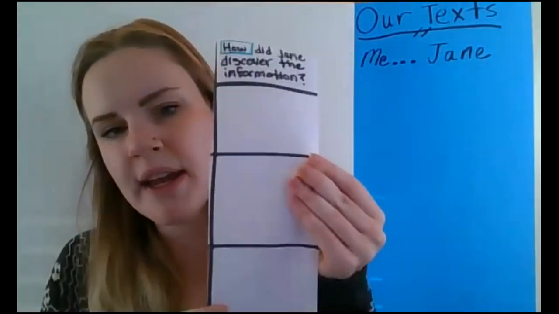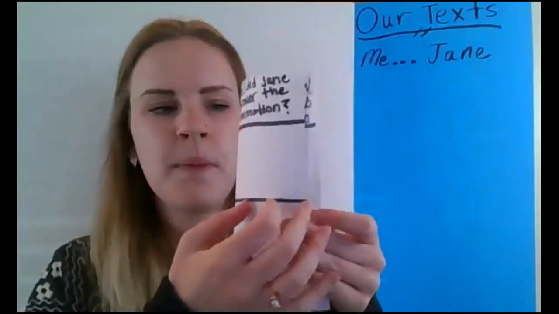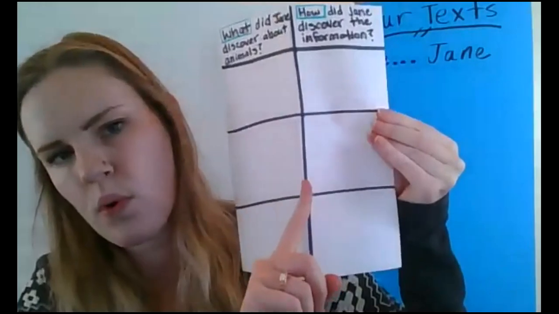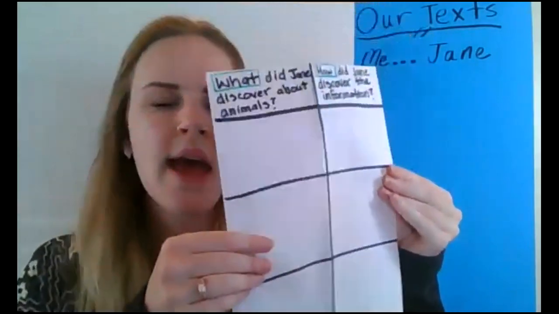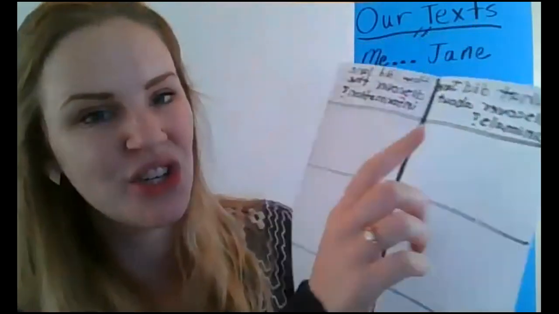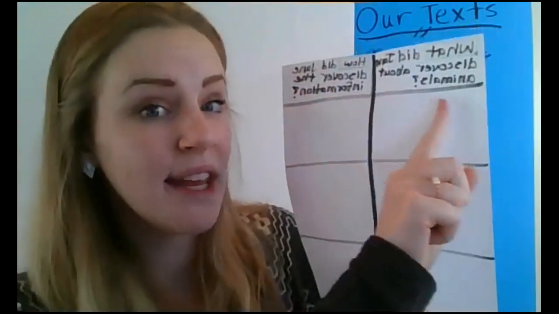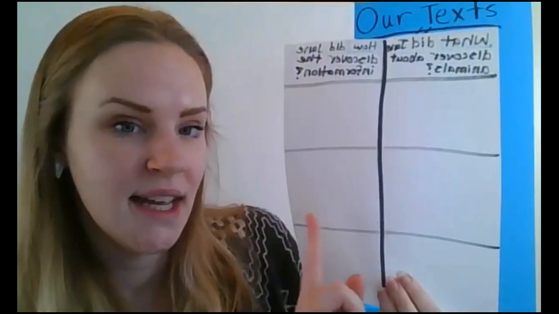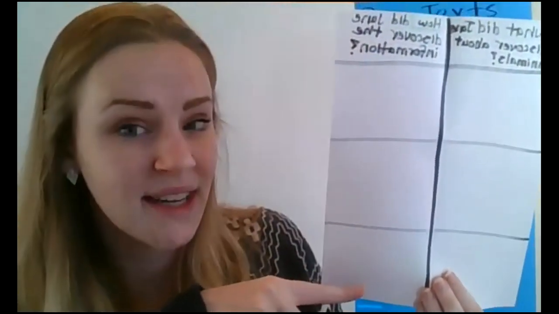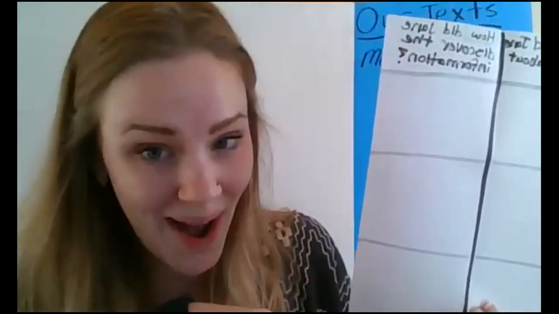Then you can trace that black line once you open it back up. And then this next part gets a little bit tricky. Then you need to draw 3 sideways lines to make 4 different rows of boxes.